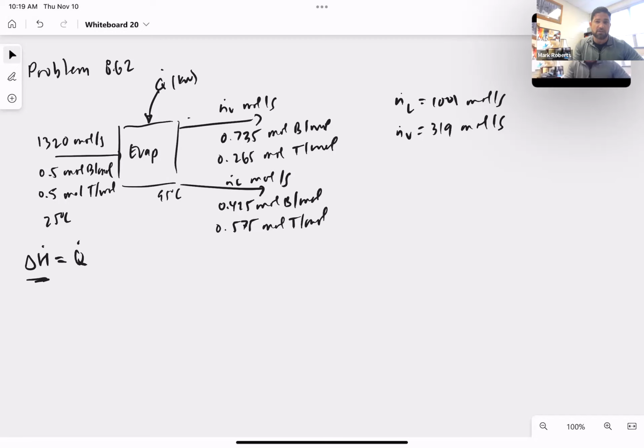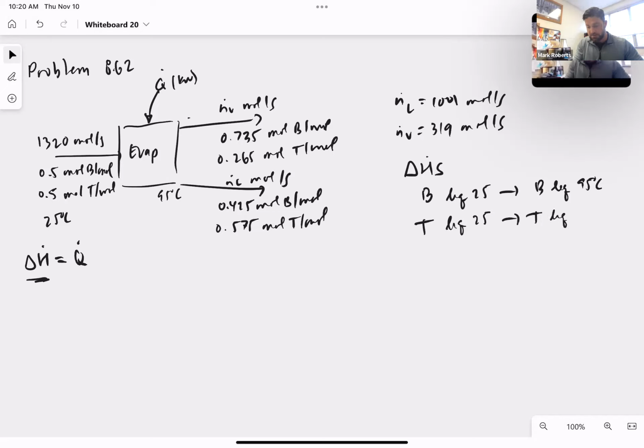So here we just need to calculate all of the delta H's for this process, and we can do that two ways. We can set up an enthalpy table, or we can just calculate all of the individual delta H's that are occurring. If we look at those delta H's, we have benzene, and I'm just going to call benzene B. Benzene is going to go from a liquid at 25 degrees C to benzene as a liquid at 95 degrees C. And then we also have toluene as a liquid at 25 going to toluene as a liquid at 95 degrees C. These are just going to be a sensible heat change, like a CP delta T type calculation.